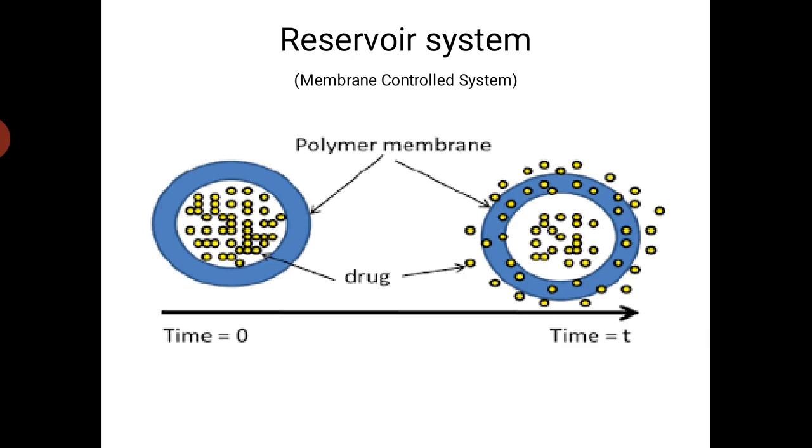So this is a type of reservoir system where the drug molecule is protected by means of some polymers. So this is purely acting as a reservoir. Once you administer this reservoir system, the GI fluids slowly get into the system and take the drug molecule from the core outside the delivery system.